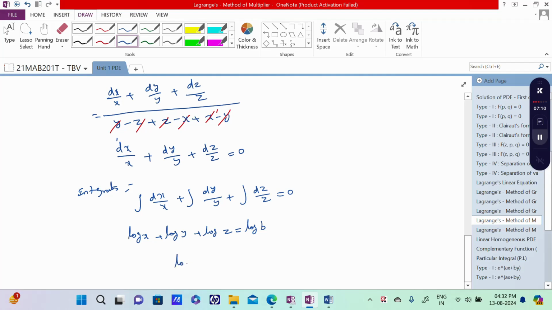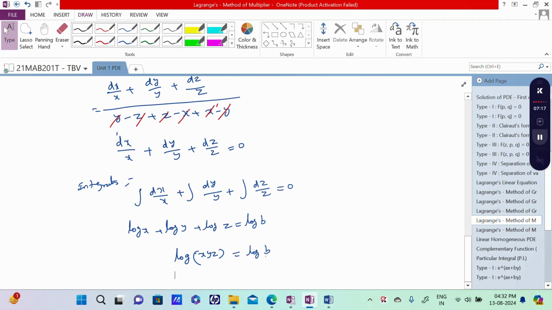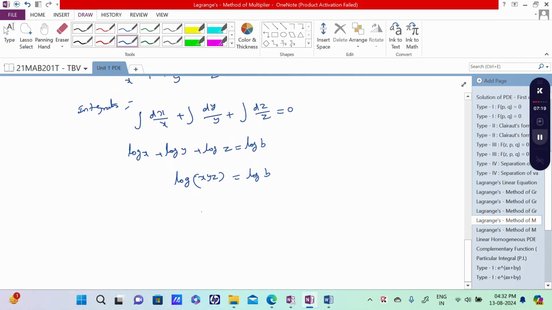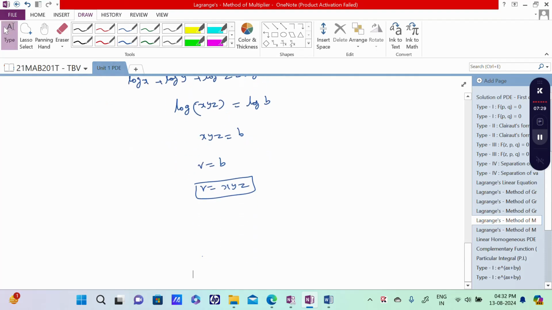So c equal to log of x, y, z and log of b. Now I am going to take this xyz equal to b, so v equal to b, v equal to xyz. Finally, the general solution of the given linear equation is phi of (u, v) equal to 0.